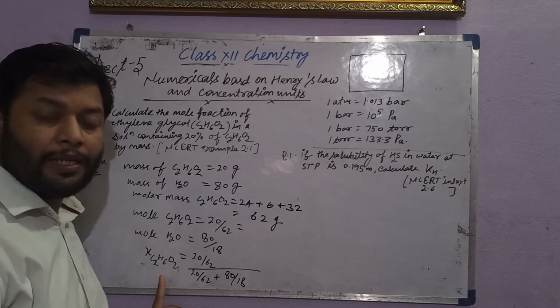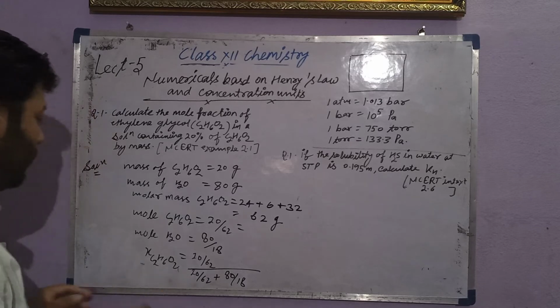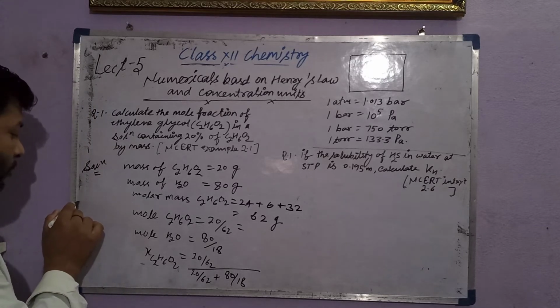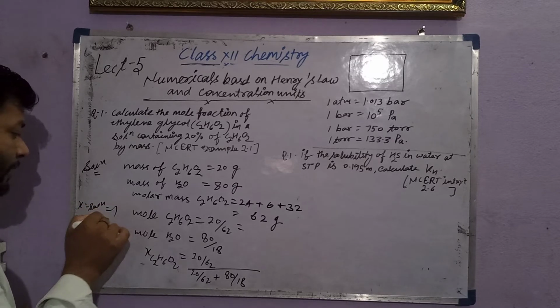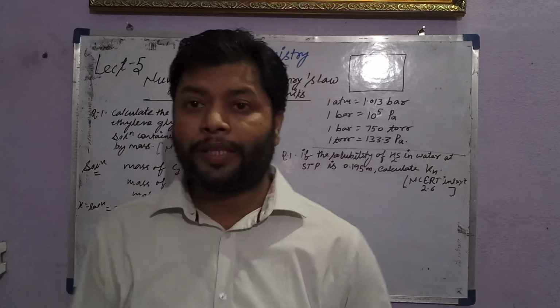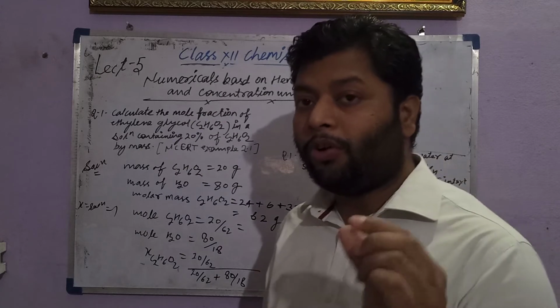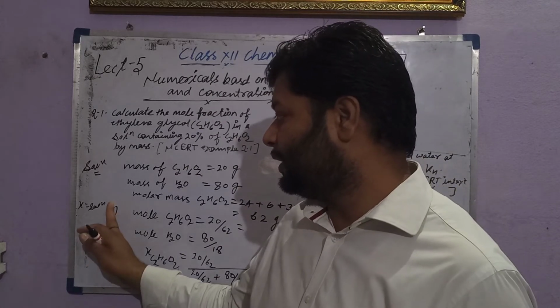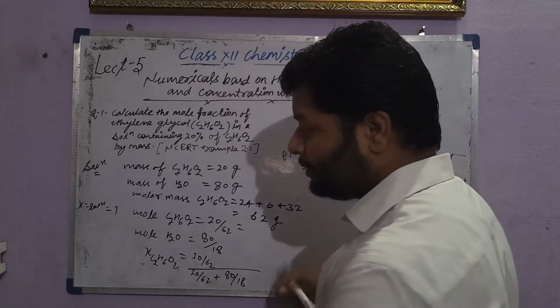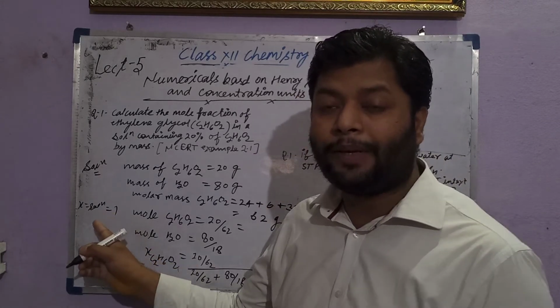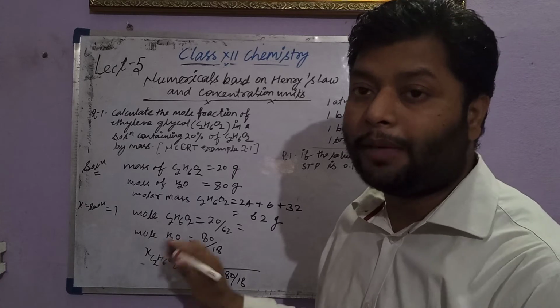Mole fraction of ethylene glycol, which is a solute. Mole fraction of solution is always unity. So if you get the mole fraction of solute, then the mole fraction of solvent will be 1 minus the mole fraction of solute.